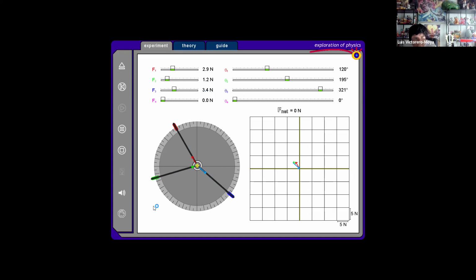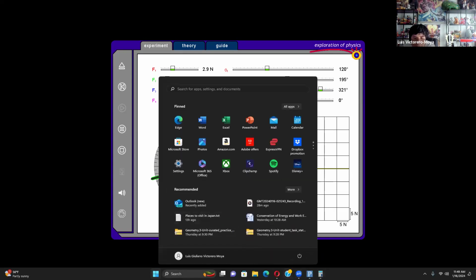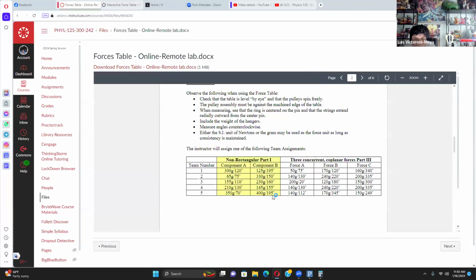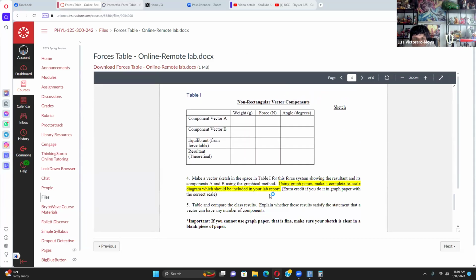So you will write that in your lab manual, in your results. Here, that should be the mass in grams, the force, so you have to do the conversions as I did. The equilibrium will be what I just found, so 3.4 newtons at the angle of 320 degrees.